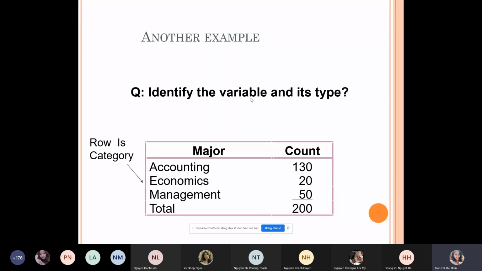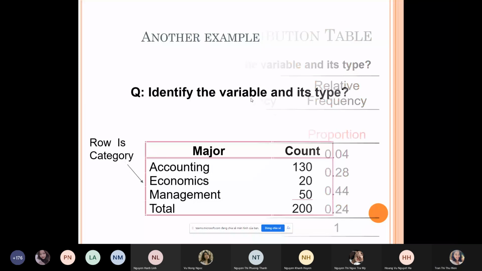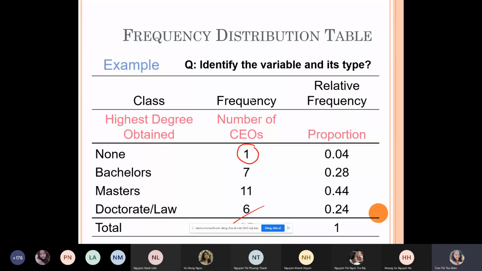Okay, so we have another example. Look back at the previous example. What type of variable is it? Qualitative, yes.